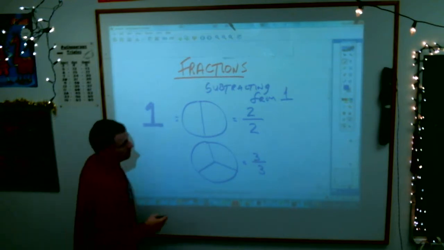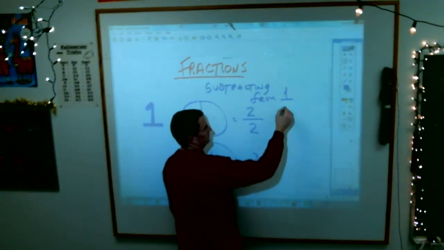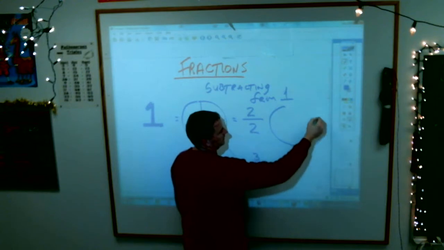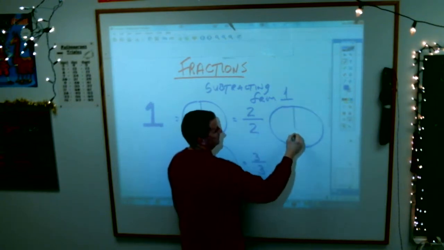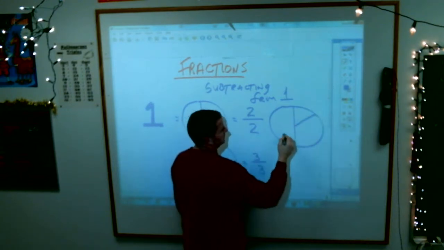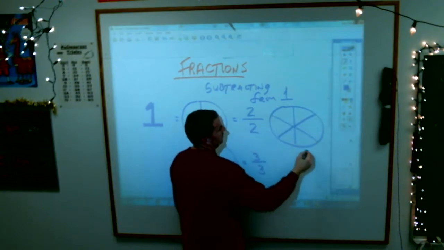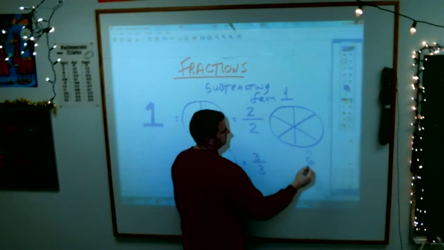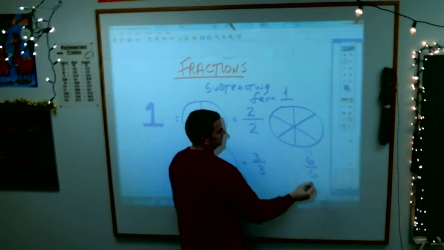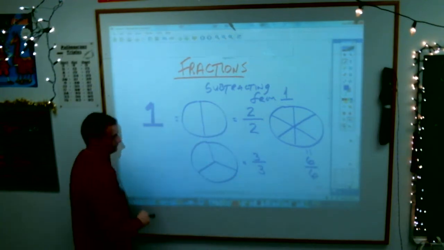And then, if you go to Papa John's, I'm not sure about this, this could just be purely fabricated. Papa John's likes to cut their pizza into 6 equal pieces. So if you ate all of Papa John's pizza, you ate all 6 of those pieces.